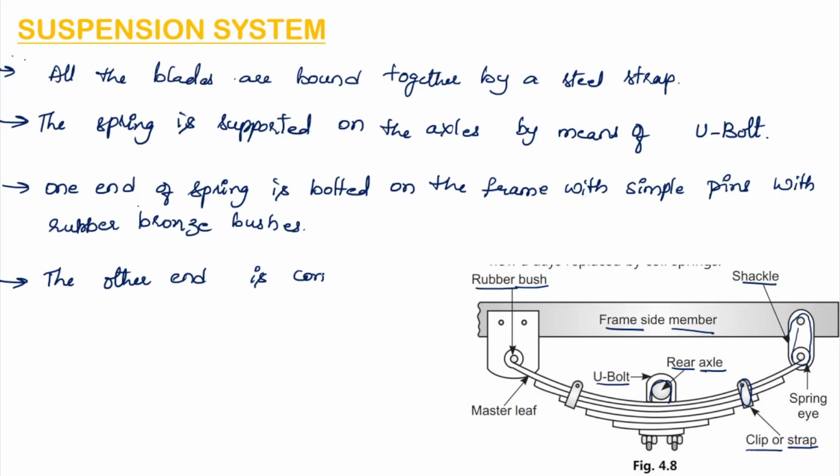This will give a flexible connection as the length of the spring varies or changes with road projections. So this shackle and rubber bush give a flexible connection because the length of this spring will vary based on the road projections.